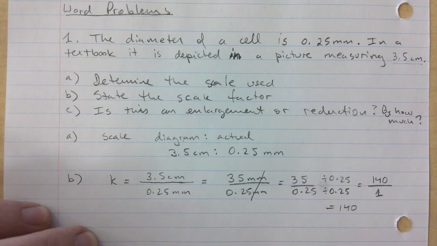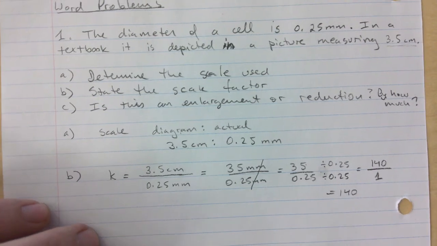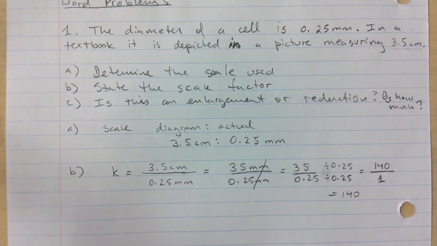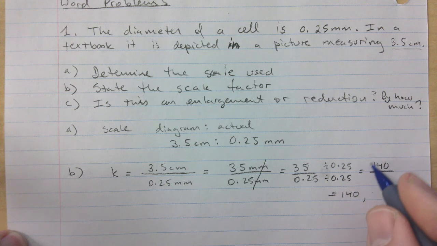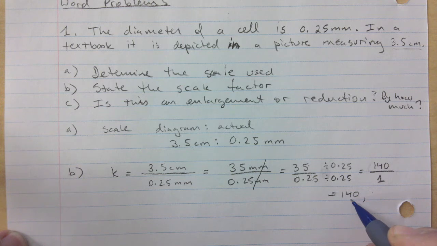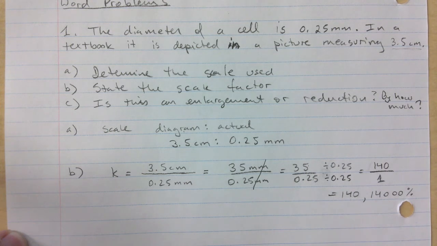I get it. Okay. What is it? 140 what? It's just 140, right? If you wanted that as a percentage, you would have to multiply that by 100, right? So you'd write, this is a fraction here, if you wanted to. This is what it is as just a number, almost a decimal, and then it would be this many percent, right?